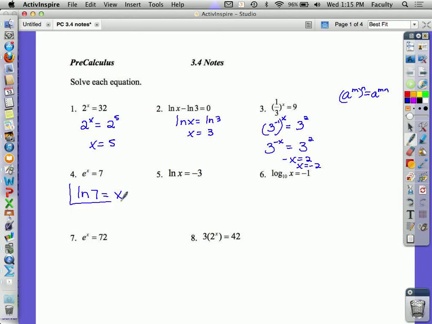So depending on what part of a quiz or a test that you have, if you have no calculator, x equals ln 7 is your answer. If it's the calculator part and it says round to decimals, we would then say x is about 1.95. So depending on your circumstances, that's how you might write your answer.